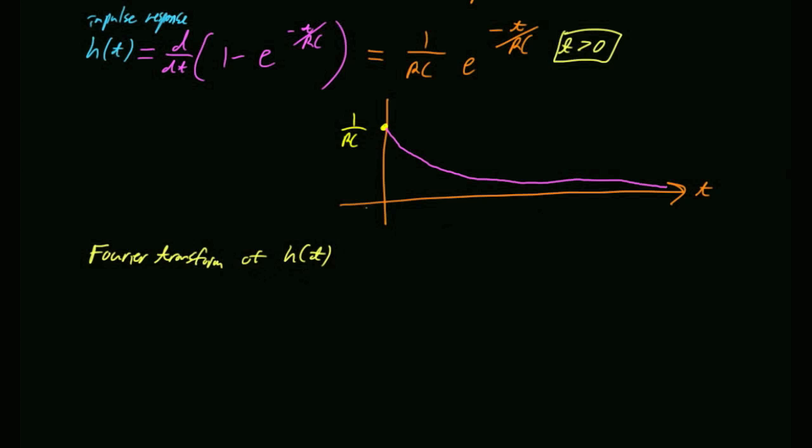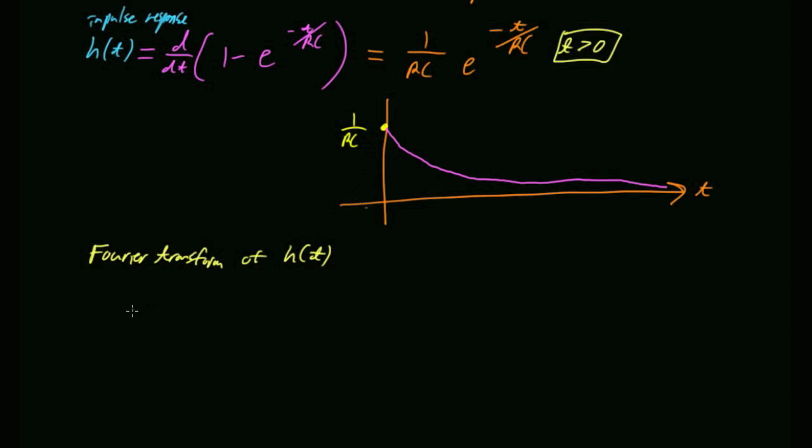So I'm taking my system, I'm kicking it with an impulse, I've calculated what the impulse response is, and I now wish to know the frequency characteristics of my impulse response. Let's find out. Let's just apply the formula for the Fourier transform, because that's really our only play at this point.